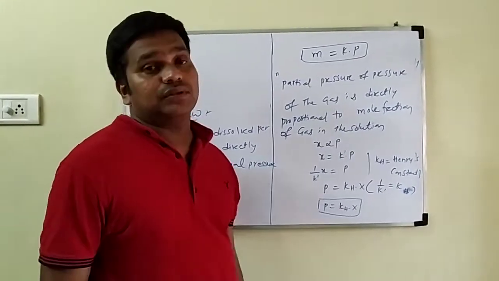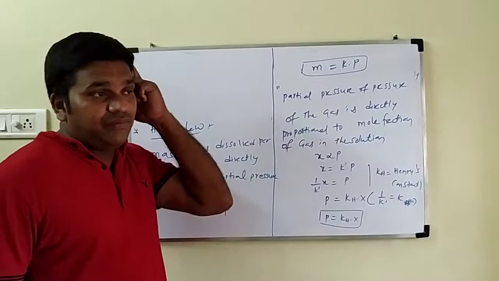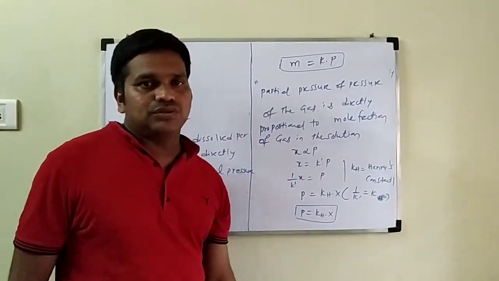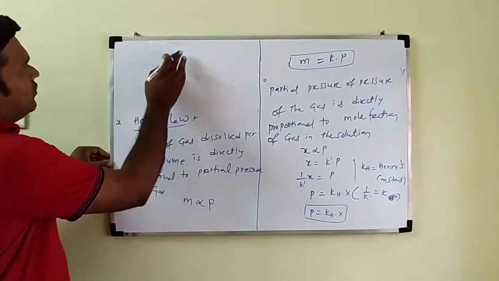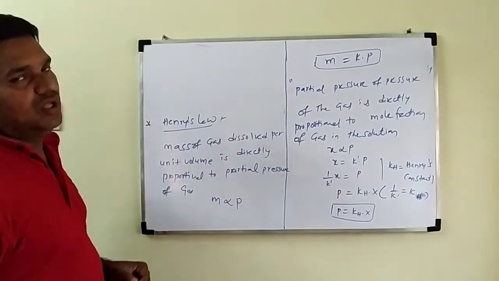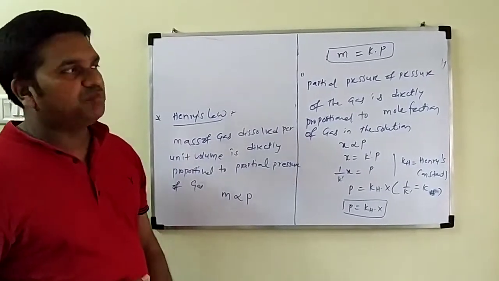Very important only. So what are the units of these constants? We have K, K dash and KH. The units of Henry's constant are the same as pressure only.